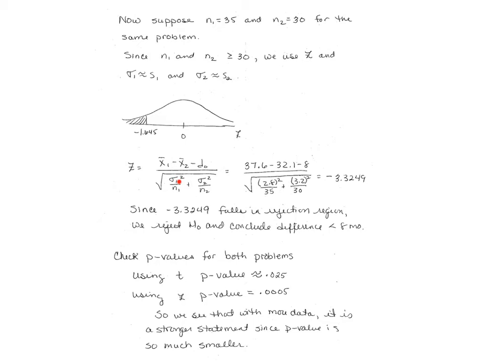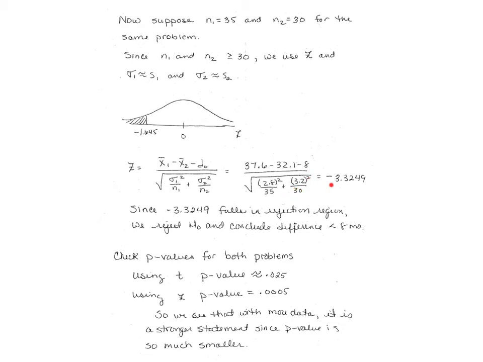Again, since we don't know the sigmas, we're going to replace them with the s's. So we have 37.6 minus 32.1 minus 8, from the null hypothesis, divided by the square root of the sample standard deviation squared divided by n1 of 35, plus 3.2 squared divided by n2, which is 30.